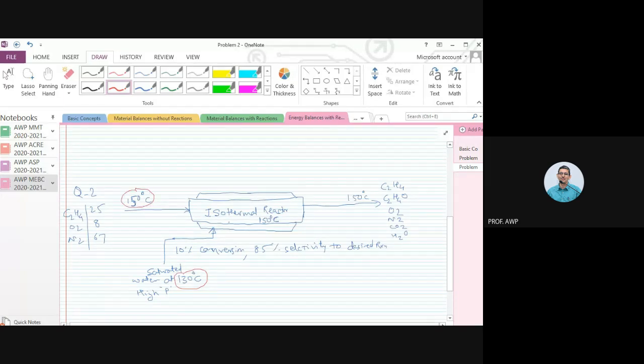So heat would be transferred from the reactor to the jacket, where this liquid water at high temperature will pick up the heat. What will happen to this liquid water that is saturated at high temperature and pressure? What do you think will happen if it picks up heat?